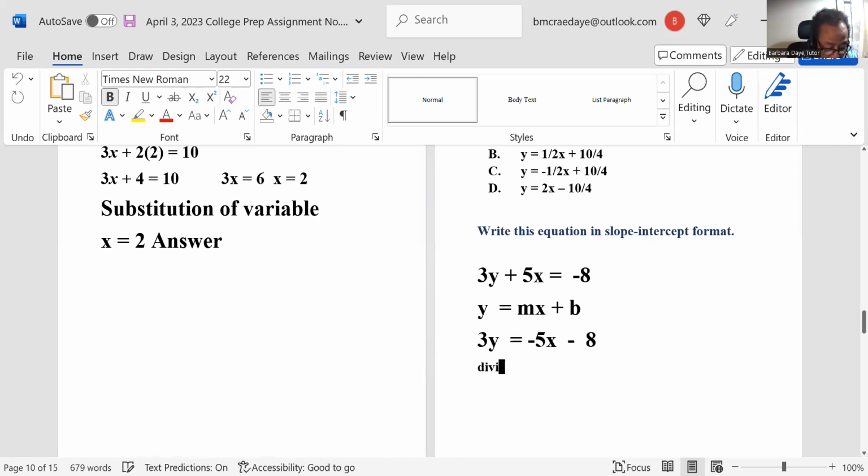Yeah, divide both sides by 3. Not 3y, 3. You want y left on the left, right? Divide both sides by 3. So do that and tell me what you get.